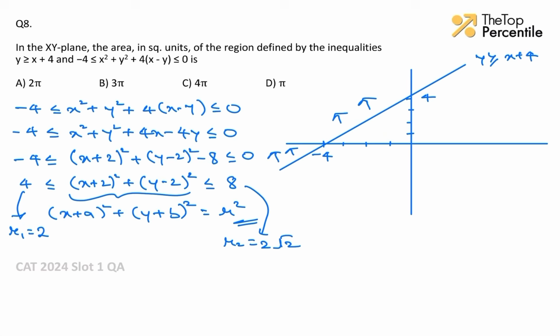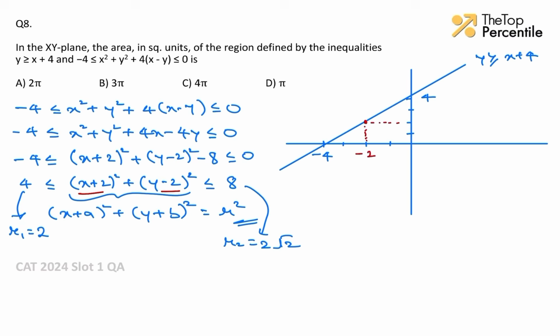I'll remove these points. Now what I have to do is plot these circles on the graph. So first, we have the center of the circle, which is minus 2 and 2. So minus 2 and 2 will come here.